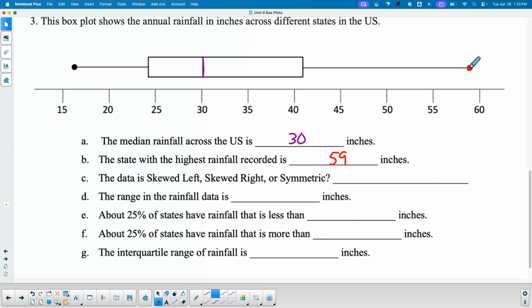Is this data left skewed, right skewed, or symmetric? Remember, we've got to think back, think opposite. So it's right skewed, right? Because my median is shifted to the left side of my box. So this would be skewed right.